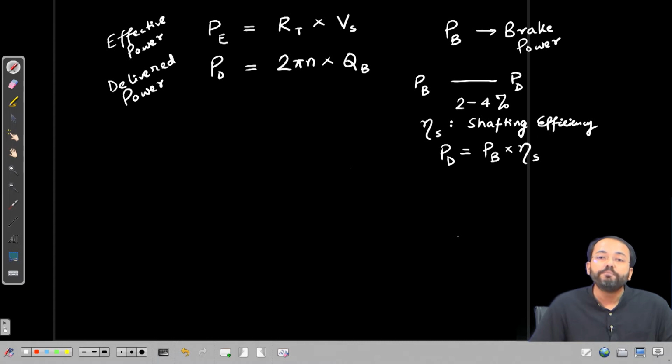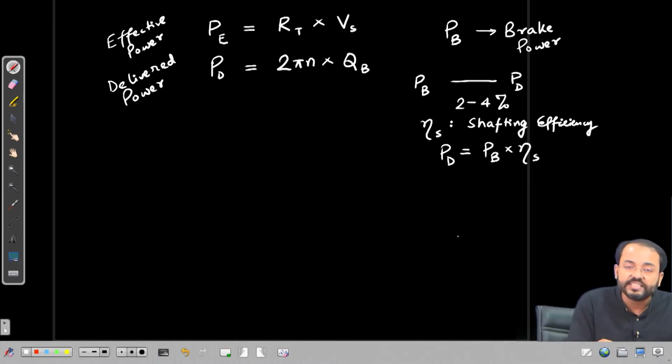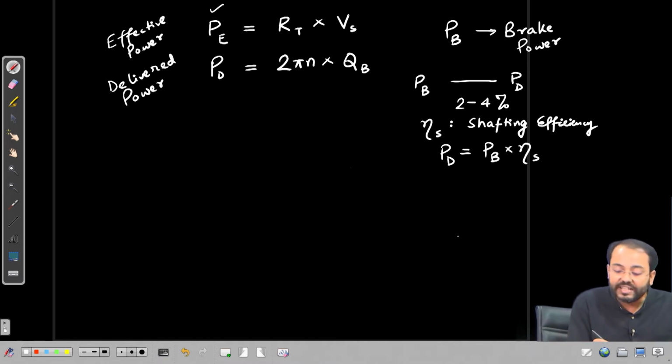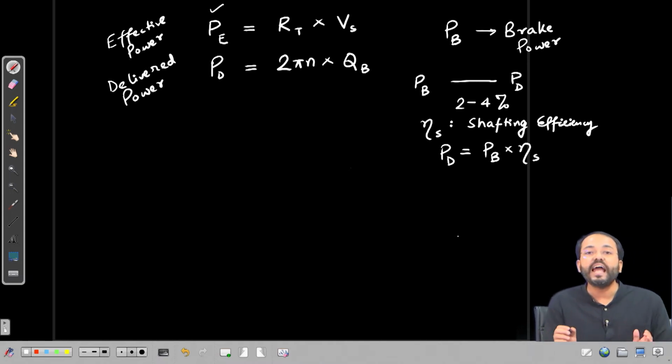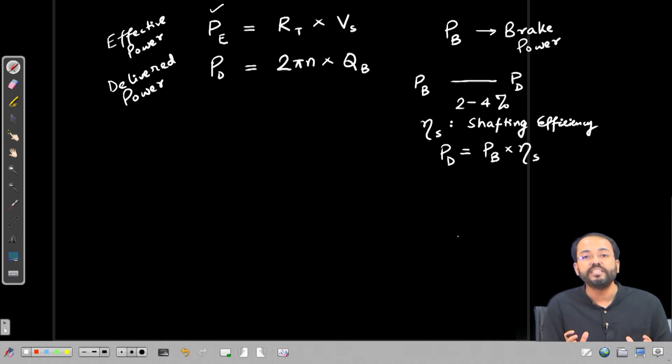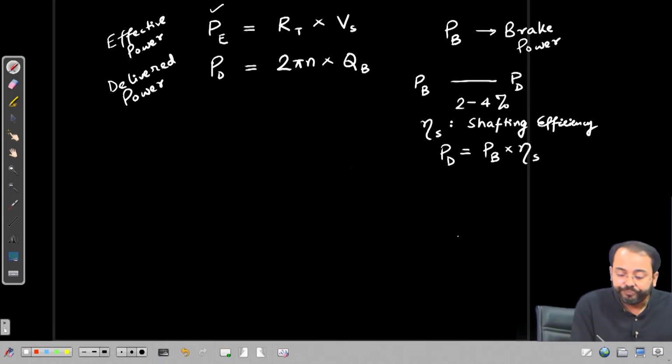Now, PD is the power which is delivered to the propeller and PE is the effective power, which is the resistance multiplied by the velocity, utilized by the ship to move forward. The relation between PD and PE is important here because that is where the hydrodynamics of the ship propeller system comes into play.